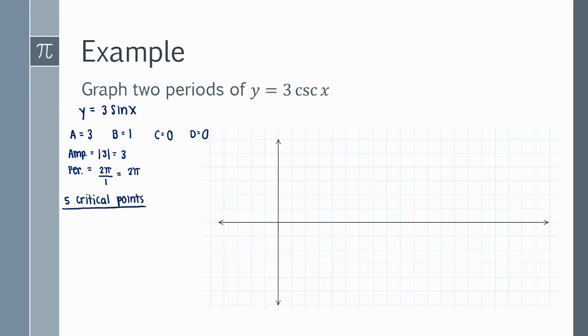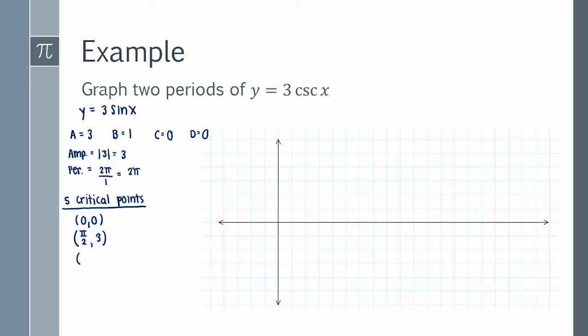we want to start with 0, 0. There's not going to be any shifting because once again, there is no C and D. Since 2 pi is the period, we want to cut it into fourths. A fourth of 2 pi would be pi over 2, and then we want the value for A, which is 3.